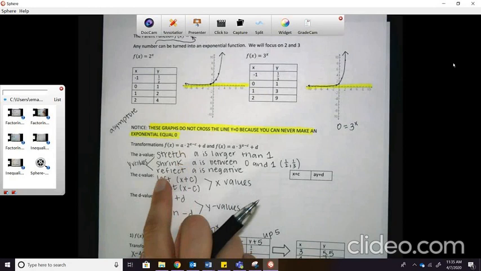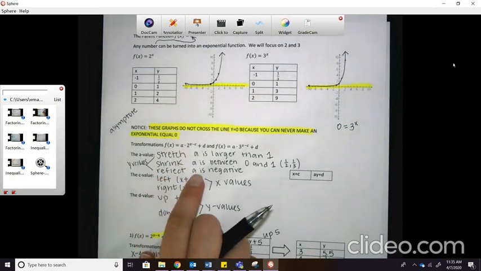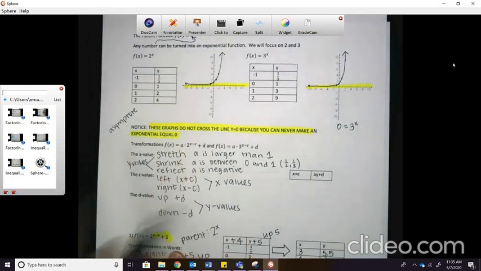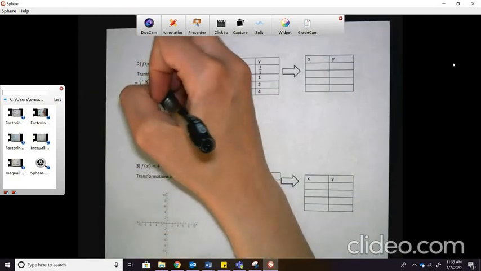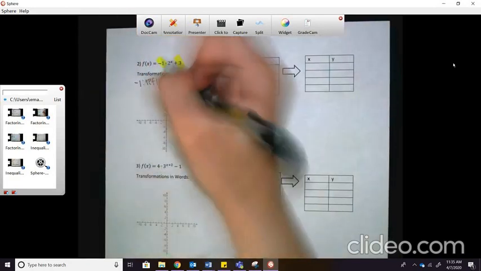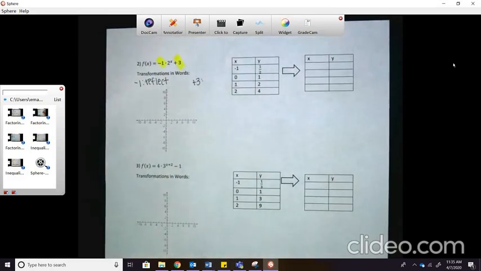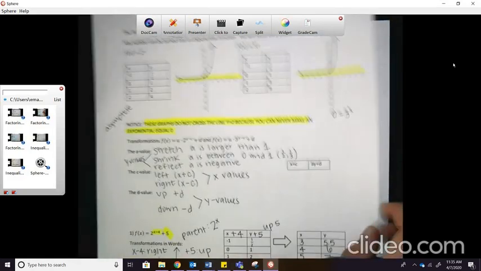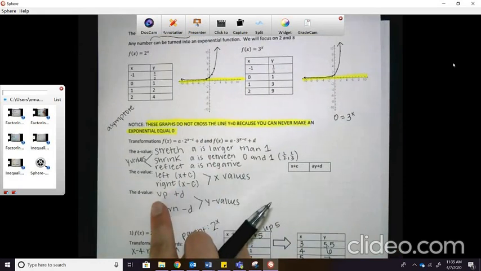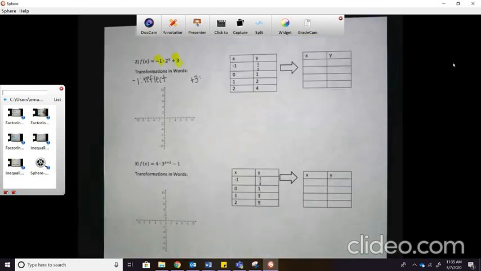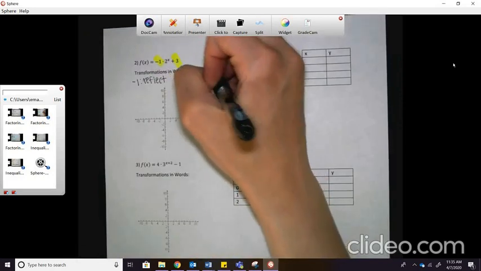So negative 1, a is negative. So that means I'm going to reflect. Then I have a plus 3 on the end. Plus 3 on the end is a d value. So I'm going to go up. So I'm going to go up 3.